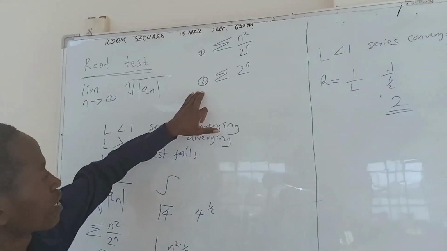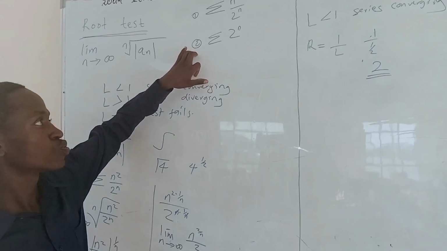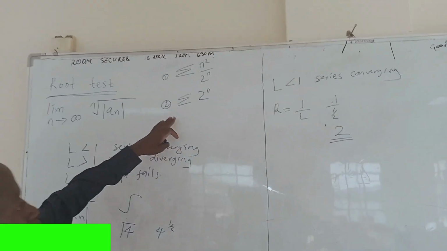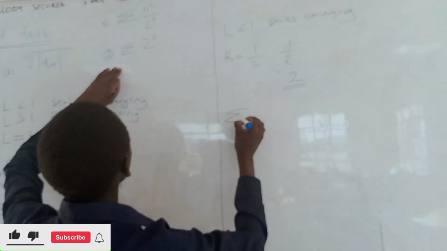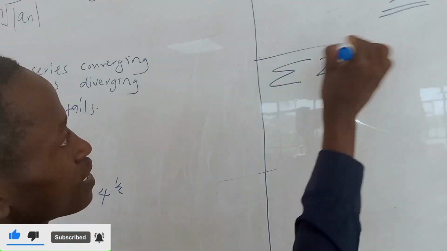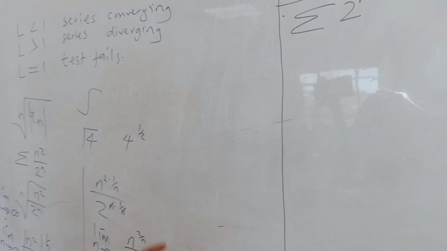Let's check example 2, which is the summation of 2 power n. This will be our series. Remember, we are dealing with infinite series. We are going to use the same approach.